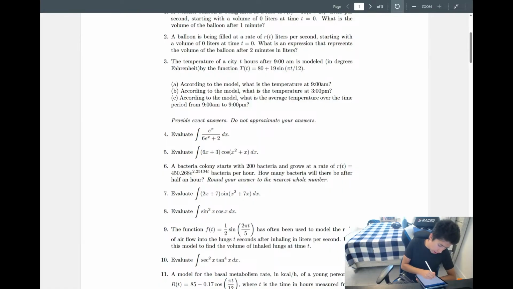For A, big T of 0 is going to be 80 plus 19 sine of 0, which equals 80.